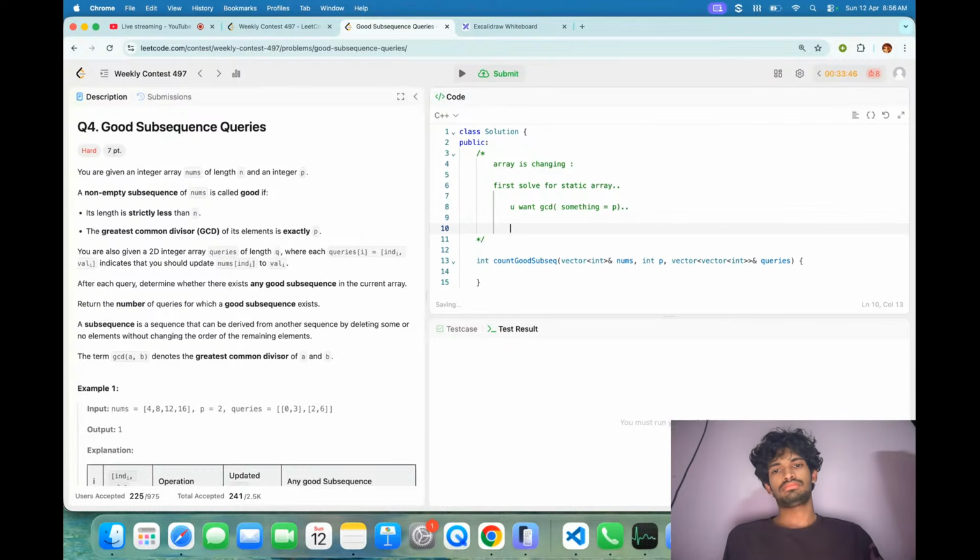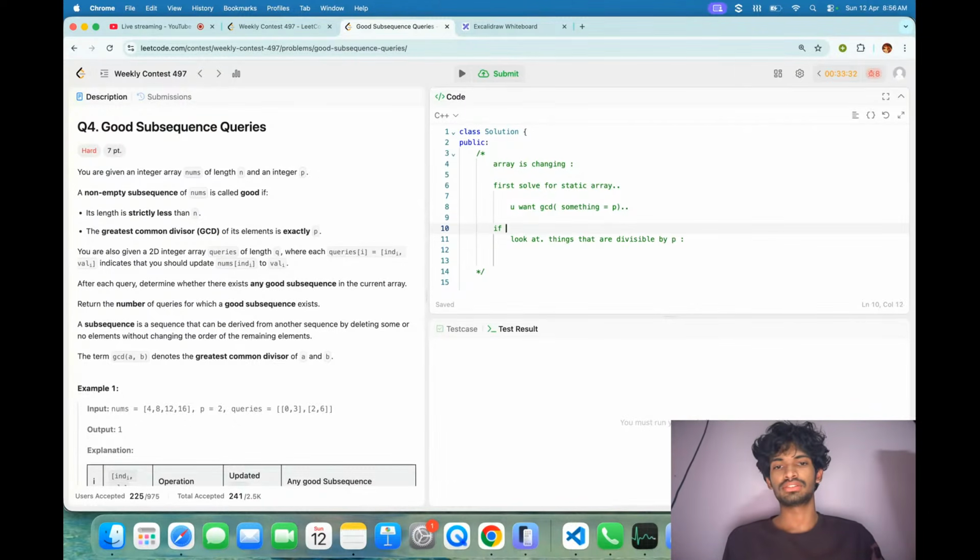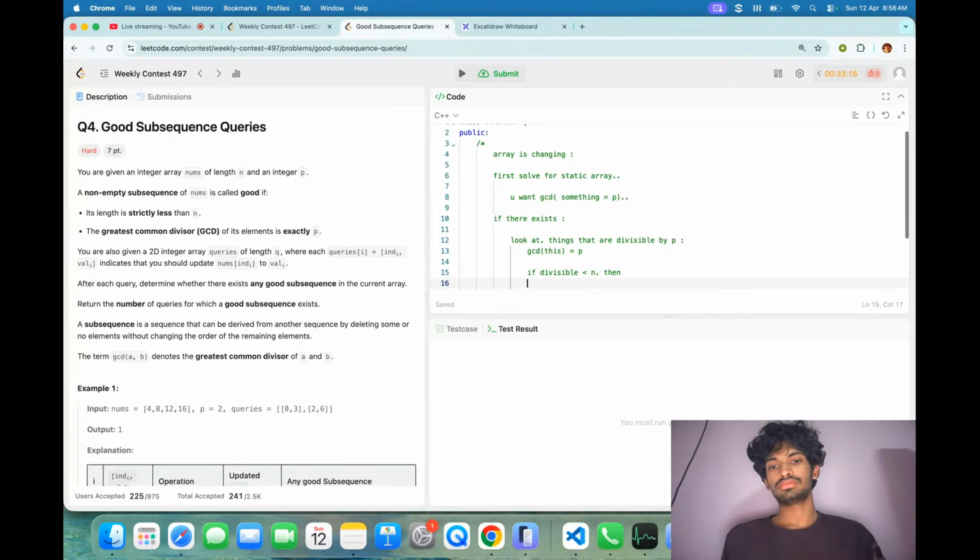So let's just say, look at things that are divisible by P. If there exists, let's try to say what we can say. That GCD should be equal to P. So if the number of divisible elements is less than n, then that implies the GCD of this equals P. Done.